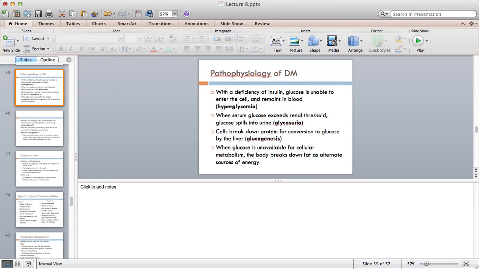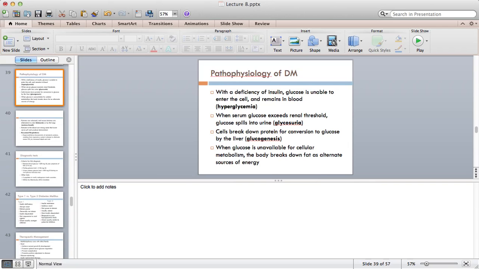But anyway, with diabetes as a whole, be it type 1 or type 2, what is happening is that once there is a deficiency of insulin, the glucose that is circulating in the body is not able to get into the tissue for that tissue to use it for metabolism.